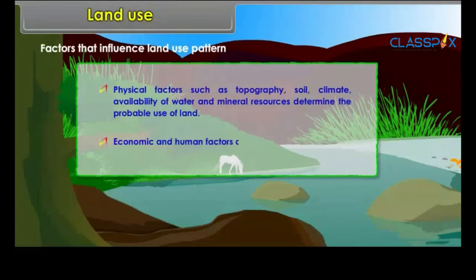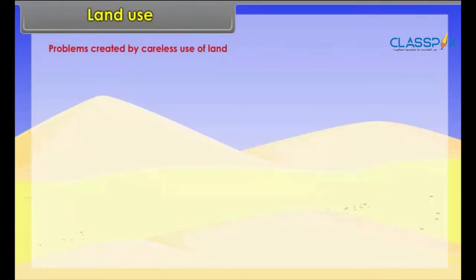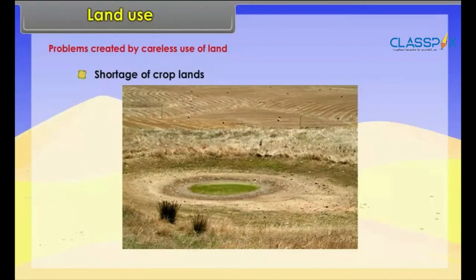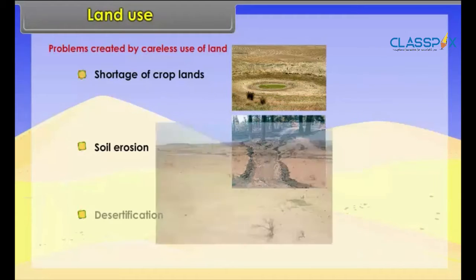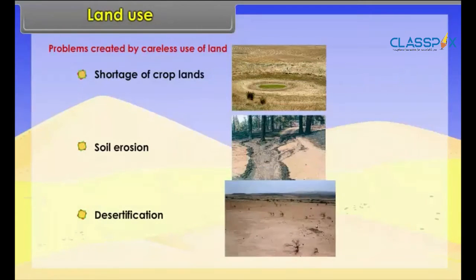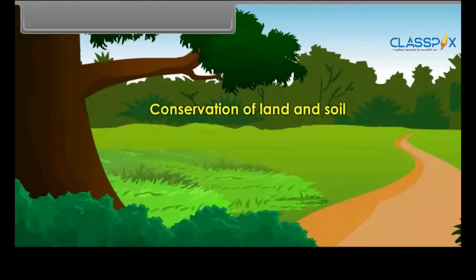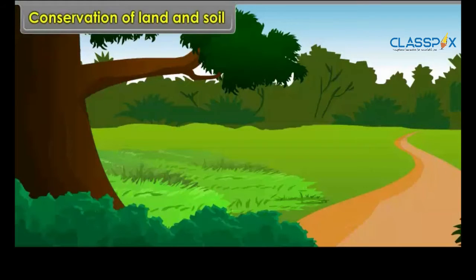Economic and human factors are also important. Can you list certain serious problems that are created by careless use of land? Shortage of croplands, soil erosion, desertification, conservation of land and soil.